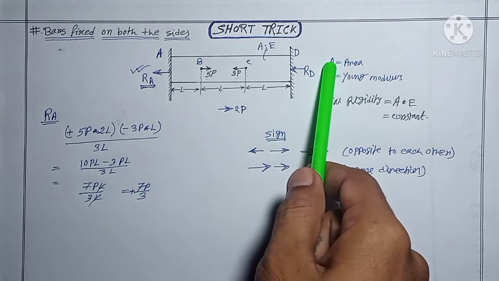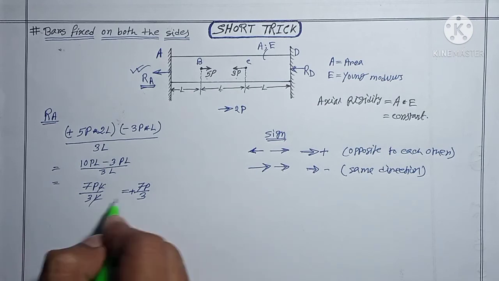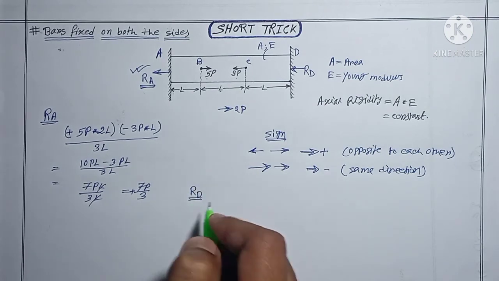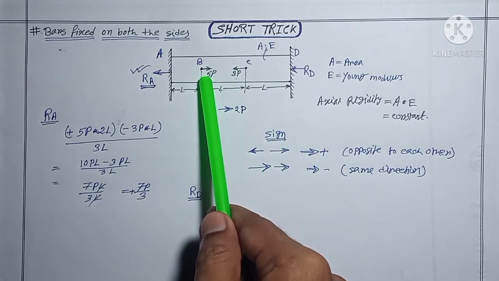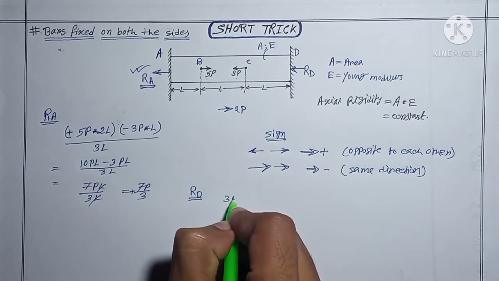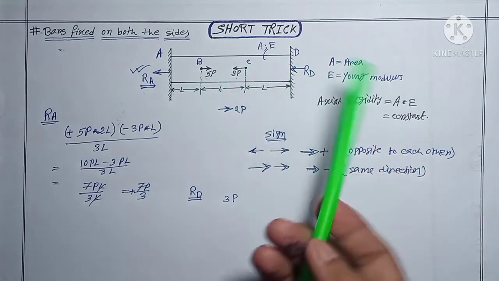Next, we have to find out RD. You can find out this RD by following the same method. Suppose RD, how can we find it? First, the remaining forces are 3P and 5P. So first 3P. Now if you observe, 3P and RD are in the same direction, towards the left and towards the left.